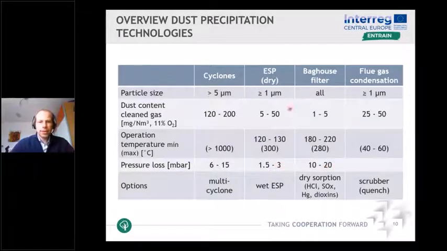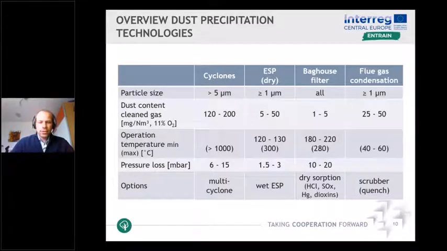If we compare ESPs and baghouse filters, you can see that ESPs have a considerably lower pressure loss than baghouse filters. So this is an advantage regarding the capacity of the flue gas suction fan needed for the ESPs here.